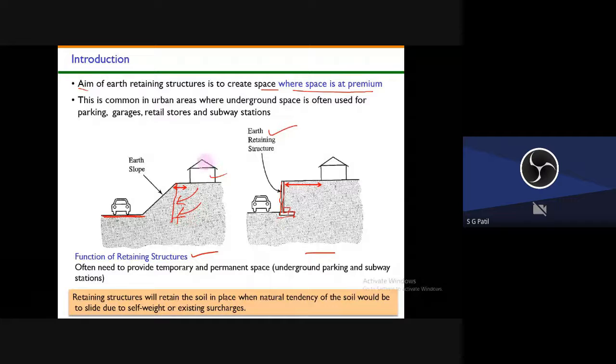Under the existing surcharge load, soil always tries to attain equilibrium, so that's why this soil will try to slide. To avoid that, you have to build these retaining structures. To design them, I need to know with how much force it is sliding. That means we have to study earth pressure theories.